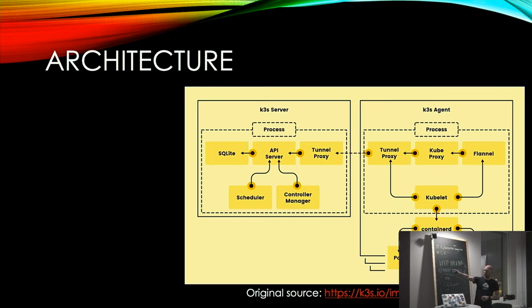And the same goes for the agent, the worker side. So all the kubelets, Flannel providing the CNI, the networking capabilities, everything's bundled in the same process. Again, shaving unnecessary overhead. And I guess this is what makes it highly opinionated, because you can't really go and change Flannel because it's baked into the process itself.